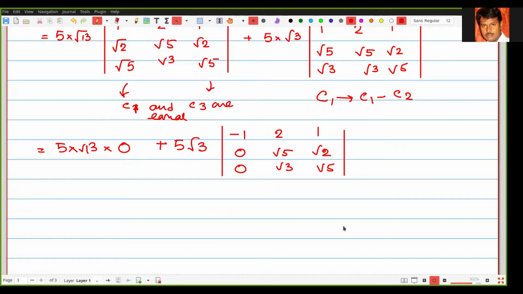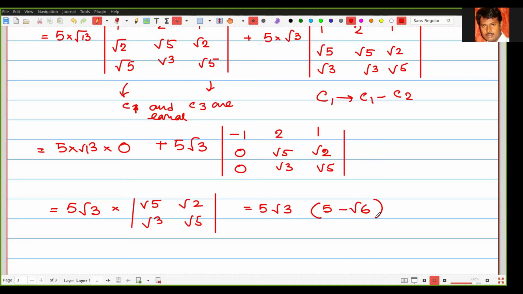So the result is now 5 of root 3 into square root of 5, square root of 2, square root of 3, square root of 5. So that is 5 of root 3, and that is 5 minus root 6.